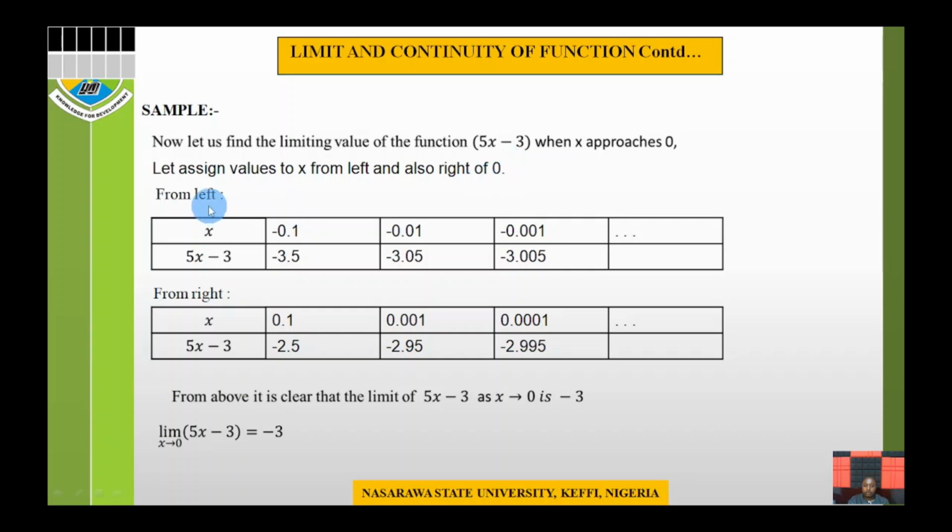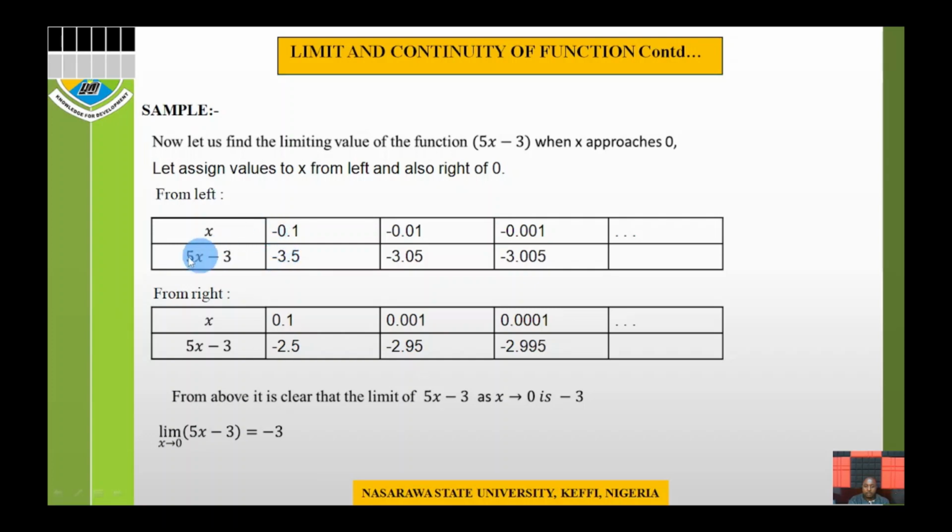Now, from the left, it means you have values that are less than the limit, which is 0. So you will be having values like minus 0.1, minus 0.01, and minus 0.001, and so on.